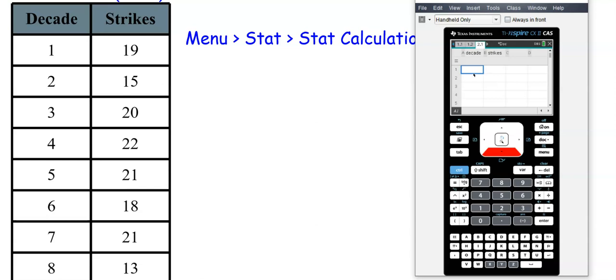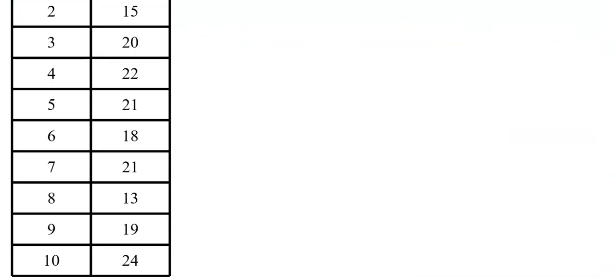and type in some of your data: 1, 19, 2, 15, 3, 20, 4, 25, 5, 21, 6, 18, 7, 18, 8, 13, and let me see, there's a couple more data pieces here.